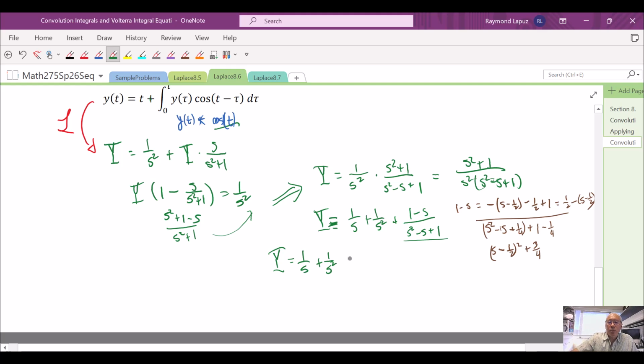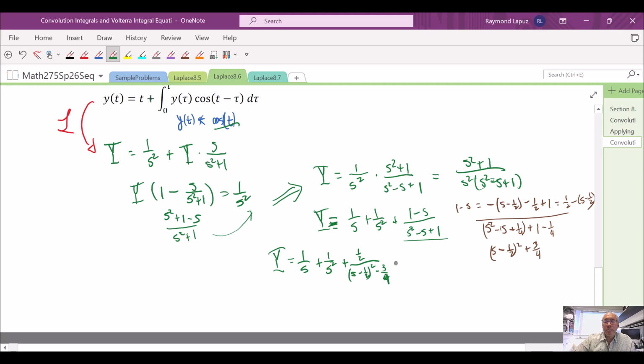I got a 1/2 over this thing, (s minus 1/2) squared plus 3/4. So that 3/4 is going to play a little bit of havoc with our numerator, which means we need to play around with something up there.